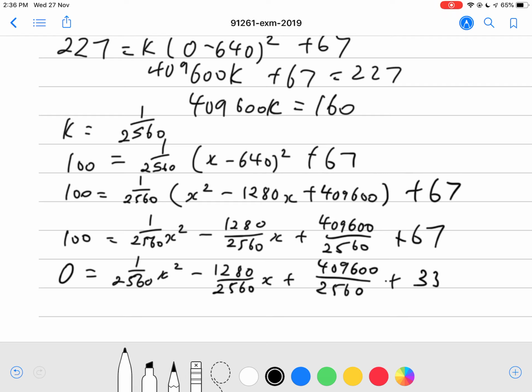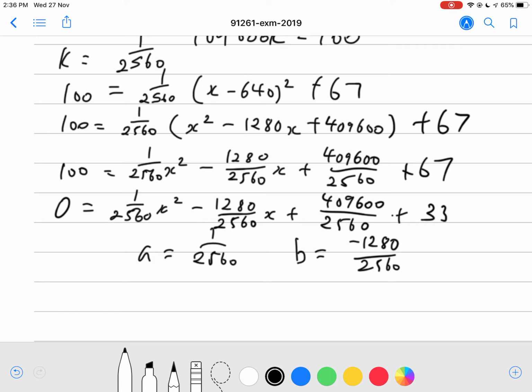Alright, so now we can go to our polynomial equation and we can substitute these values in. So a would be equal to 1 over 2,560. B would be negative 1,280 over 2,560, so that's basically negative 1/2. And C would be 409,600 over 2,560 plus 33.